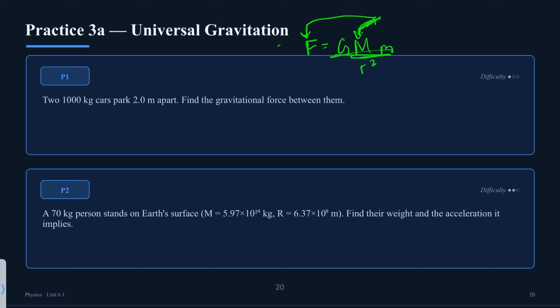right? But think about it. If we had just two small cars, then their masses wouldn't be comparable to a large force, right? They're just small cars. They don't have enough mass to attract each other. Because as you can see here, this G is 6.67 times 10 to the negative 11. How are they going to counter this 10 to the negative 11?